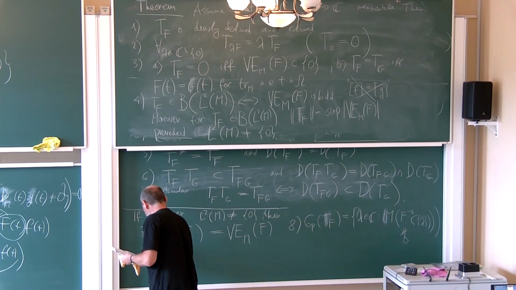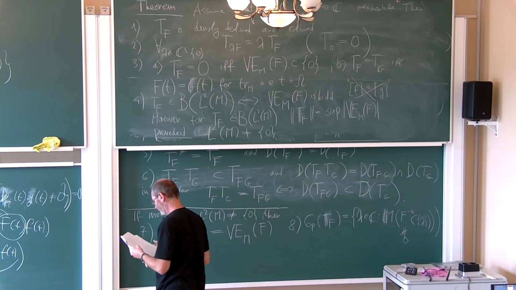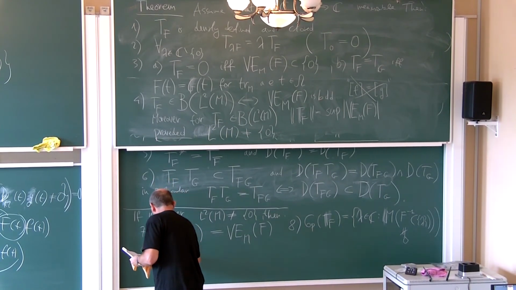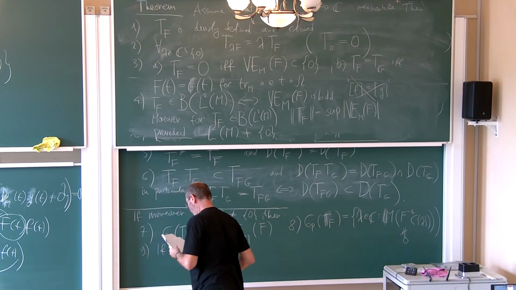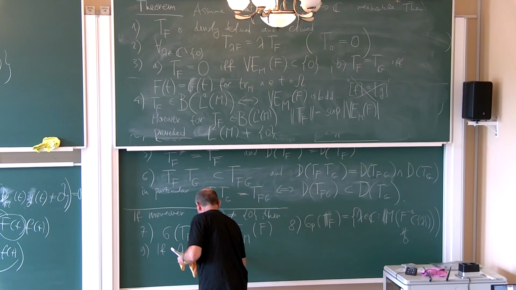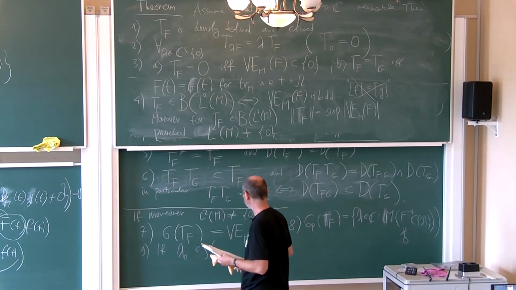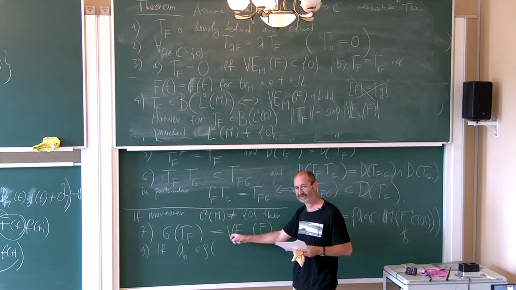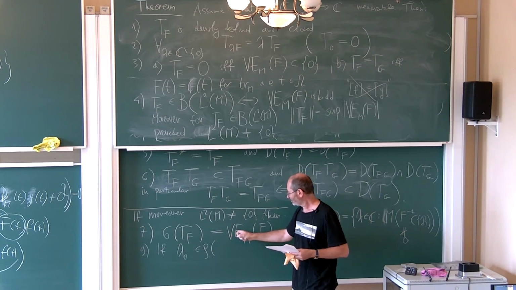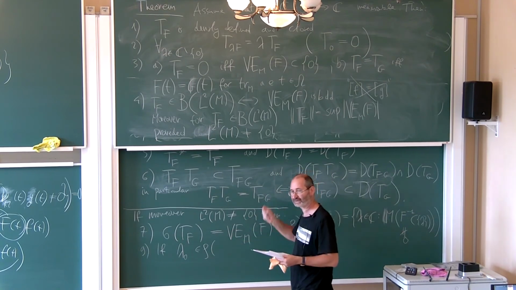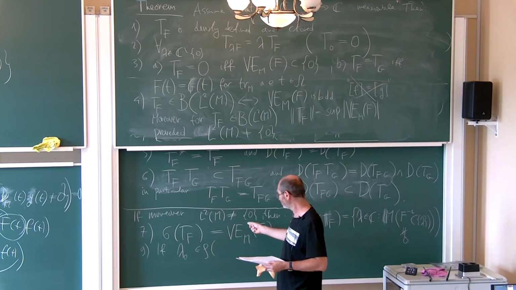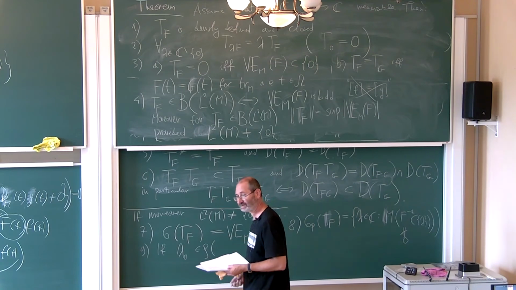And point 9. If lambda 0 belongs to the resolvent set, now we know what the resolvent set is: the set of non-essential values. Yes, this upper set we use to define this set. So this is just the resolvent set.